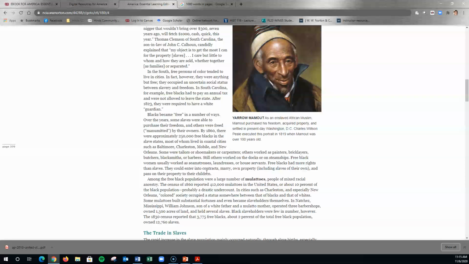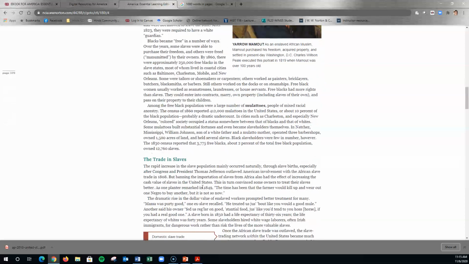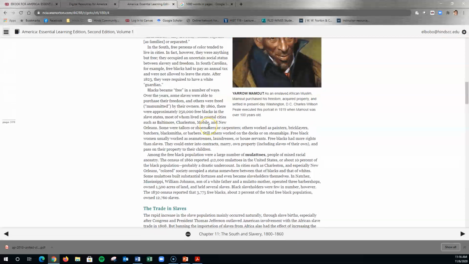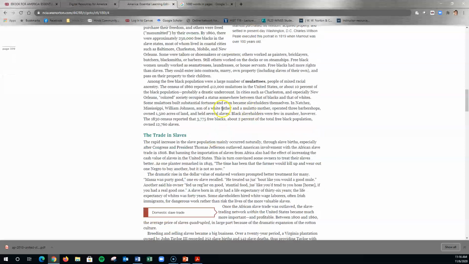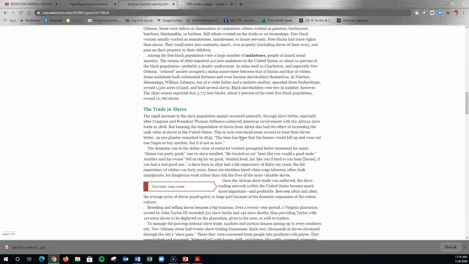Sometimes they would free their slaves. You could buy your freedom. Sometimes that was allowed, and there's a document in your SLO assignment that talks about a free black trying to buy the freedom of the rest of his family. So make sure that you take a look at the freedmen population.